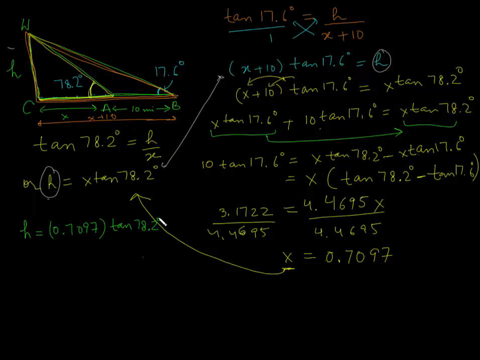In all these questions, when you're working on it, make sure that your calculator is in degrees mode, because sometimes if it's in radian or gradients mode, you get the wrong answer. Anyways, after doing the multiplication, it's almost 3.397, almost 3.4 miles. So this is how high the balloon is from the ground.